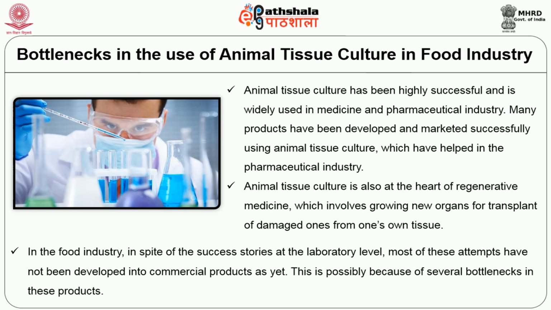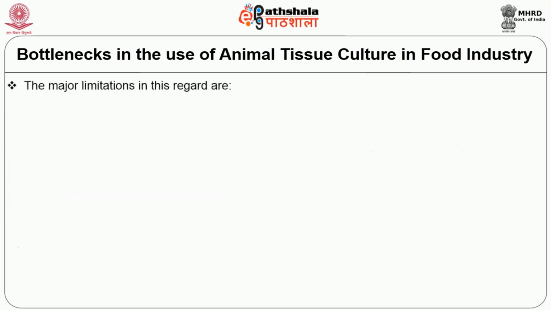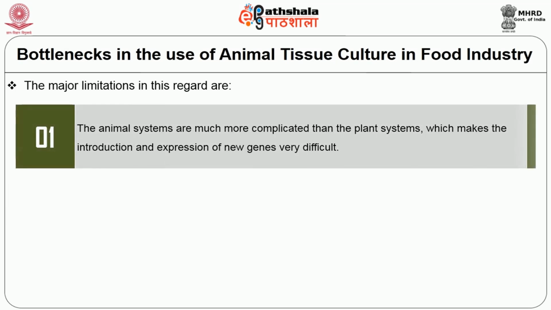This is possibly because of several bottlenecks in these products. The major limitations in this regard can be discussed as under. The animal systems are much more complicated than the plant systems, which makes the introduction and expression of new genes very difficult.